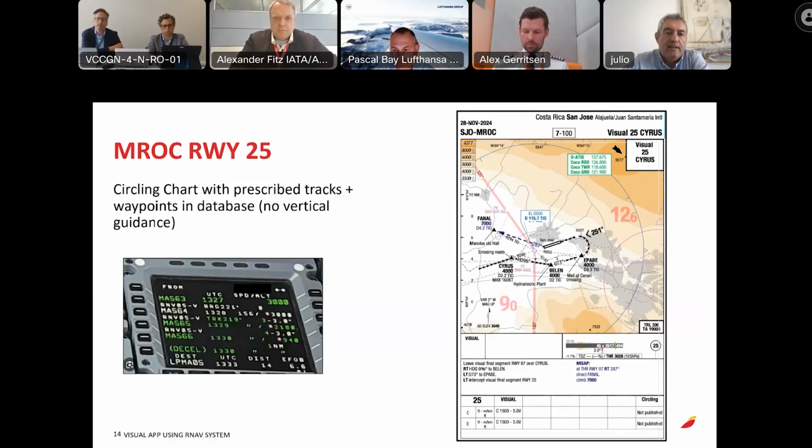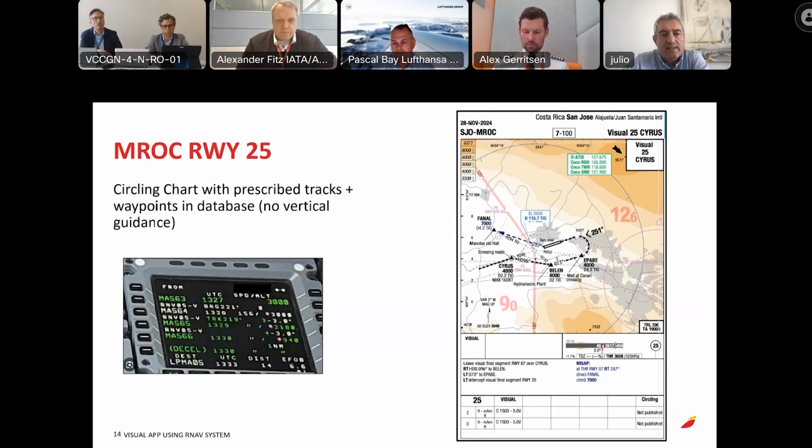At that point, we had the points in our database, but the whole approach wasn't coded as an approach. So it helped us a lot because we didn't have to look for terrain references on the ground. It was really easy to follow the waypoints, but we didn't have vertical guidance.